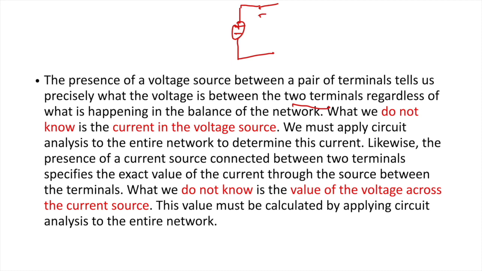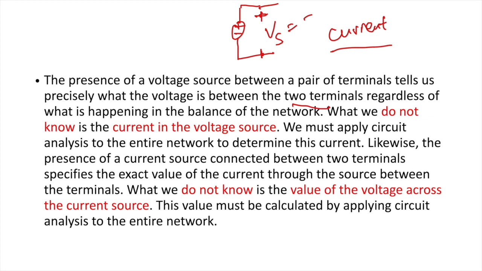We know that the voltage between its terminals is Vs, and it has a value. But we do not know the current that goes through the voltage source. We need to do circuit analysis to obtain the current flowing through the resistor.